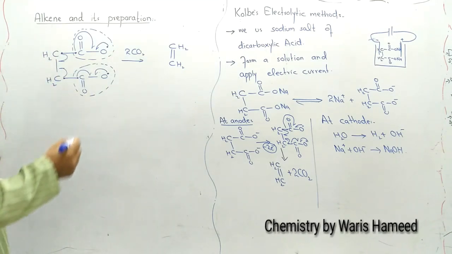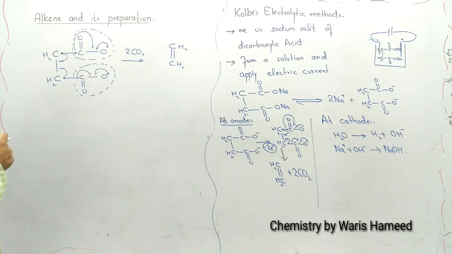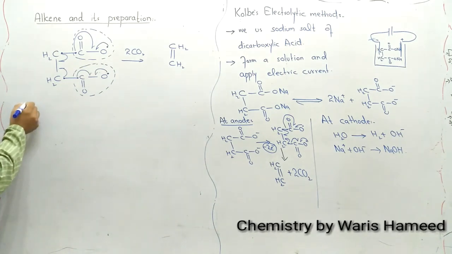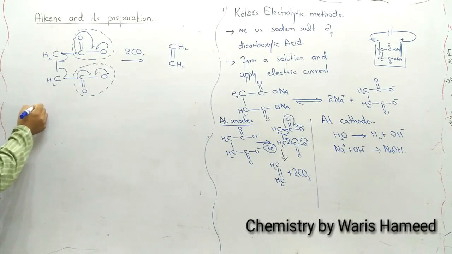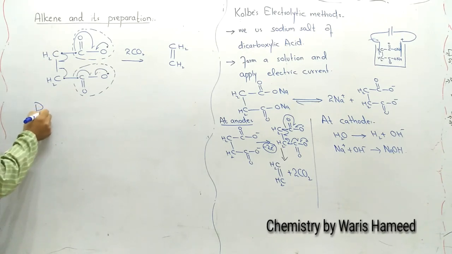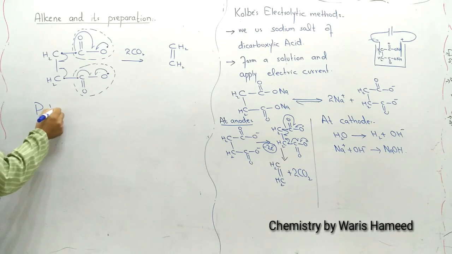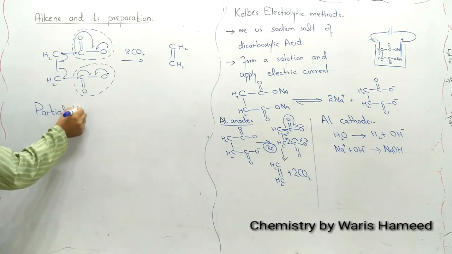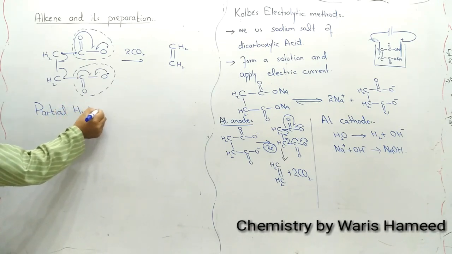Next, the final preparation method is partial hydrogenation of alkynes.